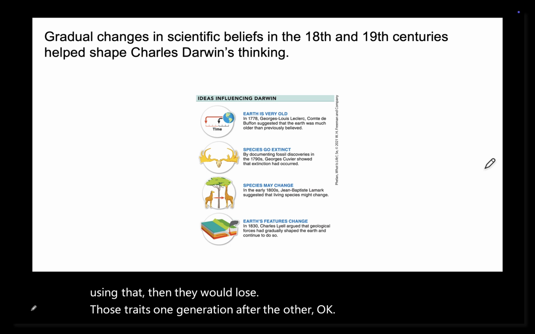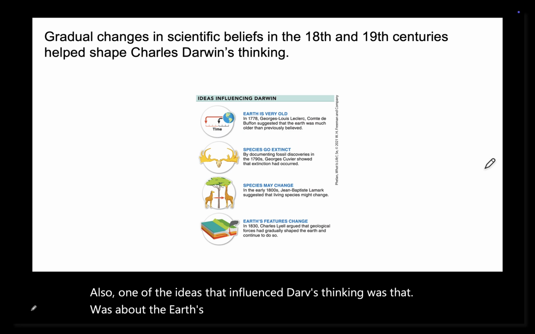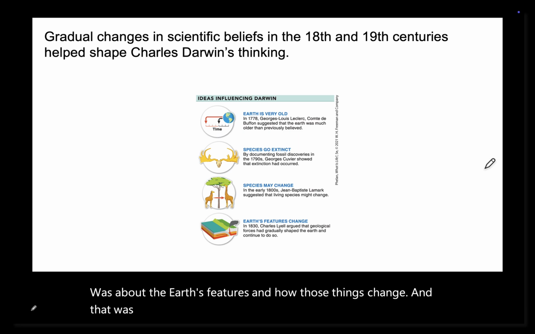Also, one of the ideas that influenced Darwin's thinking was about the Earth's features and how those things change. And that was based mostly on the geological observation of the Earth. Okay?